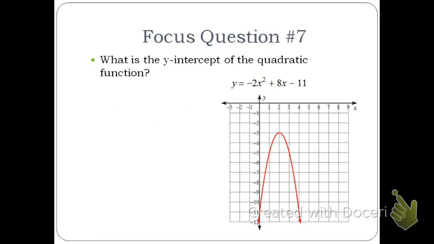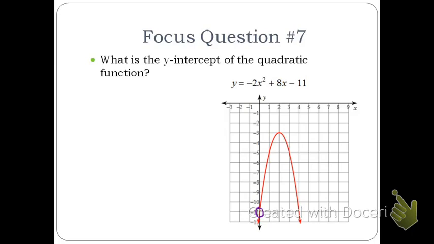Now, number 7. Sometimes they can be kind of hard to identify, but let's take a look. Where does it look like number 7 has its y-intercept? This appears not quite at -10.